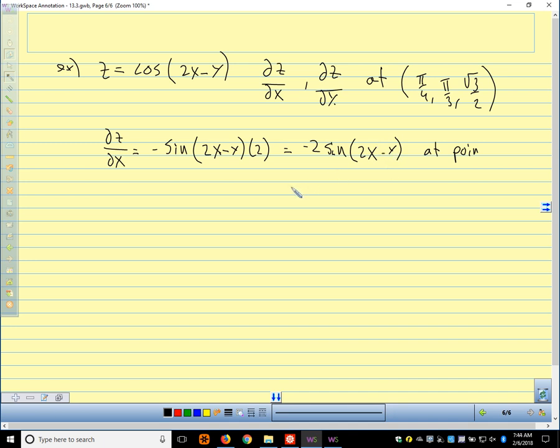So we get minus 2 sine of, for 2x, pi over 2 minus pi over 3, which is pi over 6, which is 1/2. So we get negative 1.